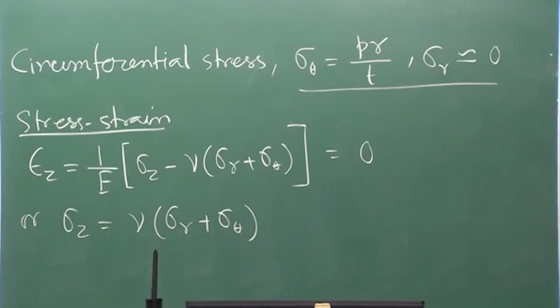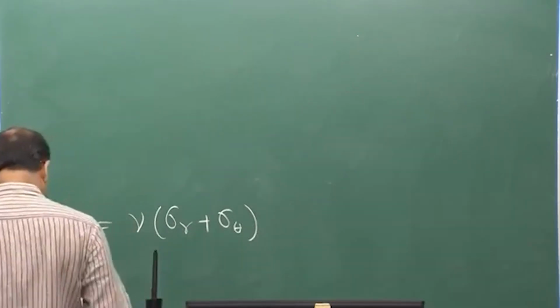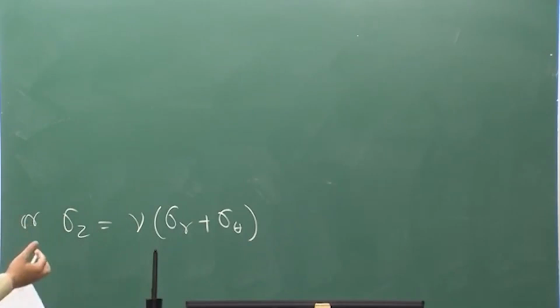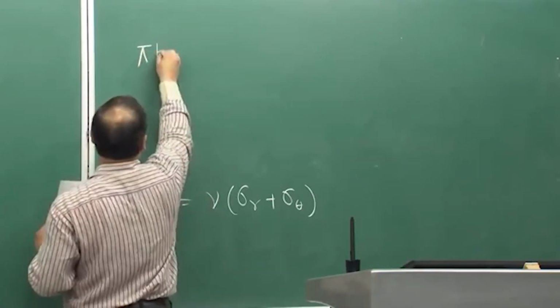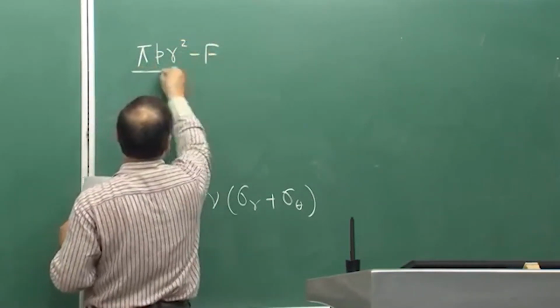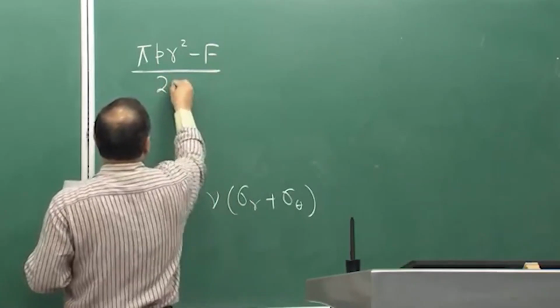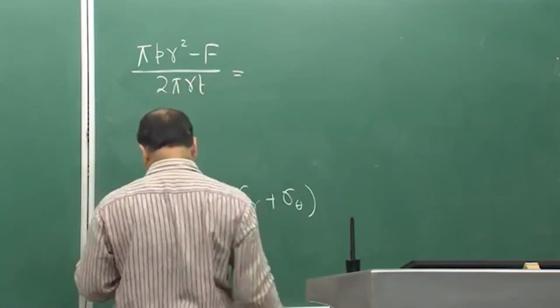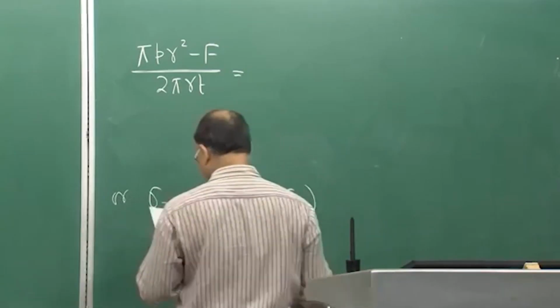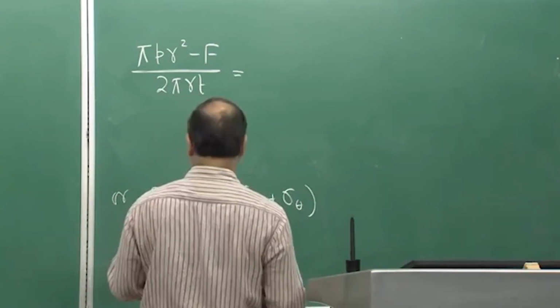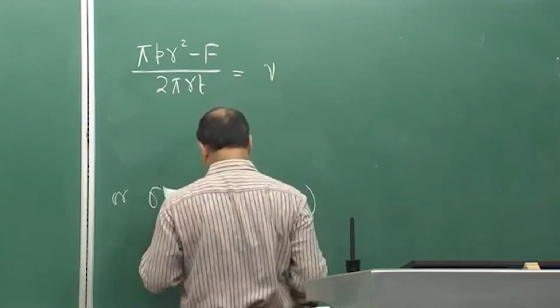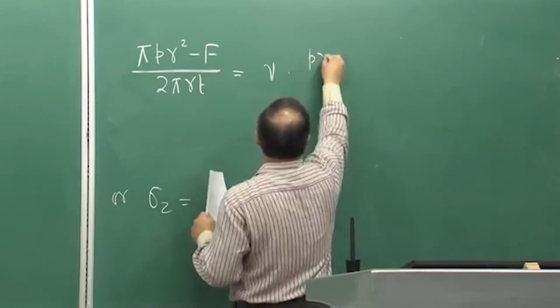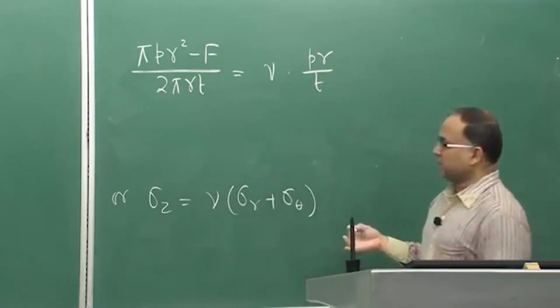Now, by putting the values of sigma z, sigma r and sigma theta, we get pi p r square minus F by 2 pi r t, that is your sigma z, equal to nu, the Poisson ratio, into p r over t, because sigma r is 0.